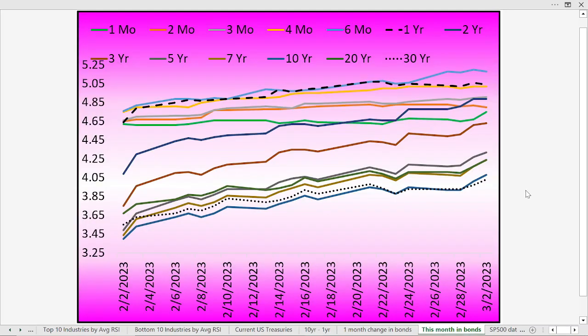Here's another look at it. So we see, for example, the 30-year bond is this dotted line at the bottom. This dotted line at the top is the 1 year. Notice how, going back to the beginning of February, the 30-year paid a 355 and now pays a 403. That's around 50 basis point difference. Meanwhile, the 1 year paid a 479 and now pays a 504.